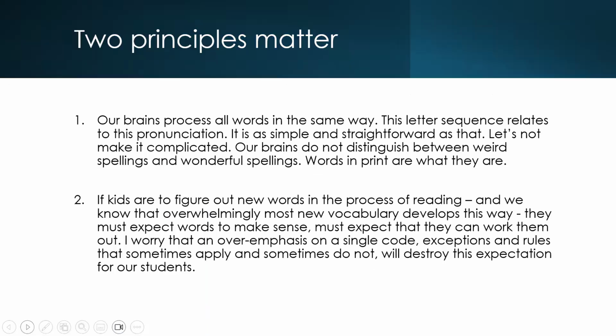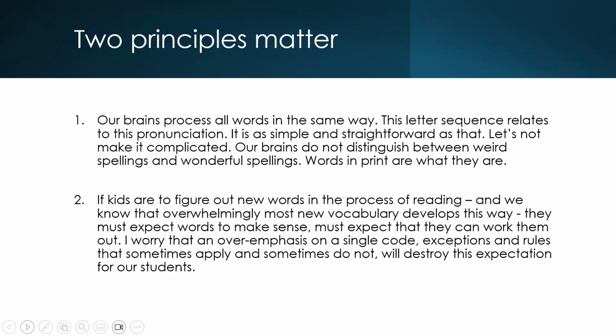But two principles matter, and matter a lot. As I tried to show in the first video, our brains process all words in the same way. This letter sequence relates to this pronunciation, my pronunciation of the word. It is as simple and straightforward as that.